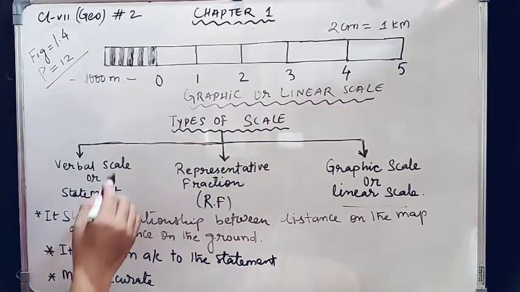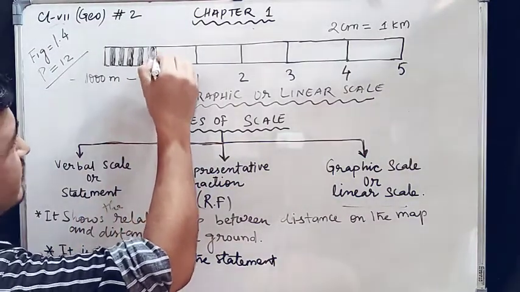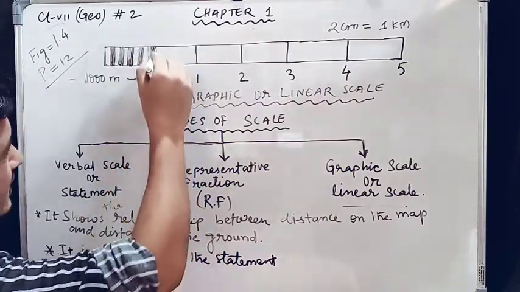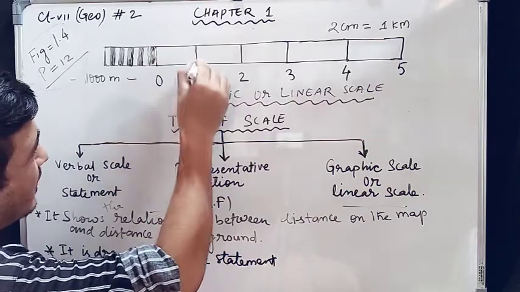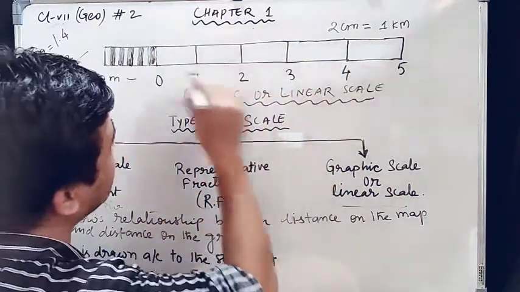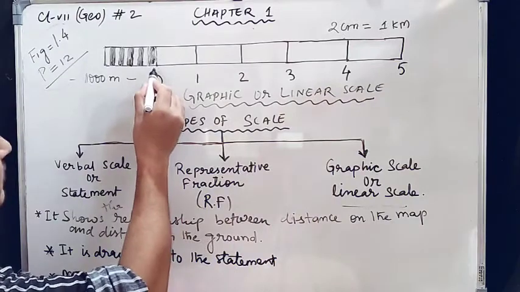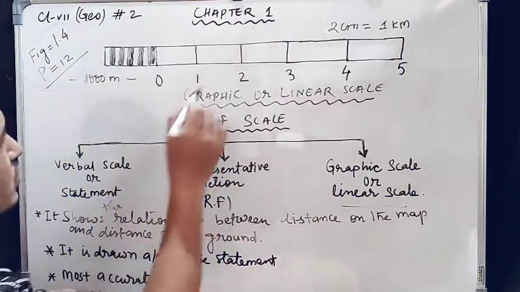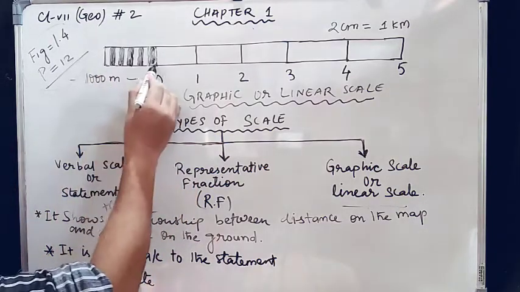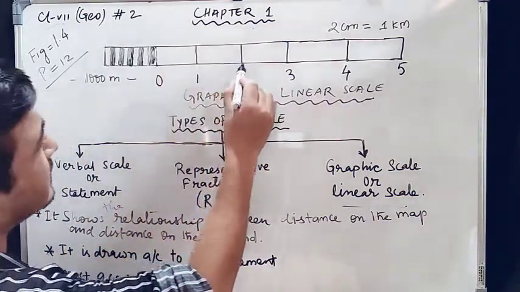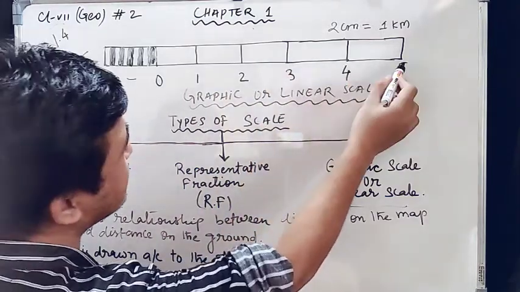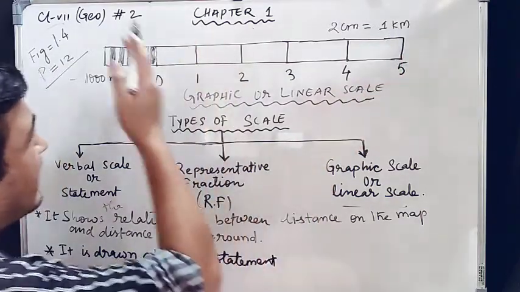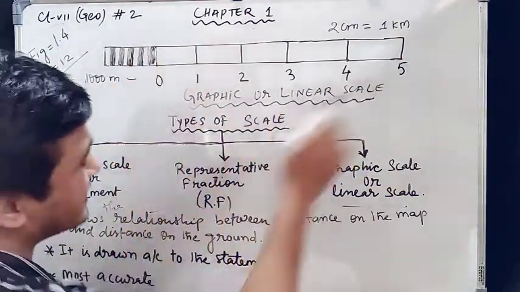From 0 on the right side, it goes 1, 2, 3, 4, 5, shown up to 5 kilometer. From 0 to the left side there is one more kilometer. So from 0 we have 5 kilometer on the right side and 1 kilometer on the left side, so in total it is 6 kilometer.